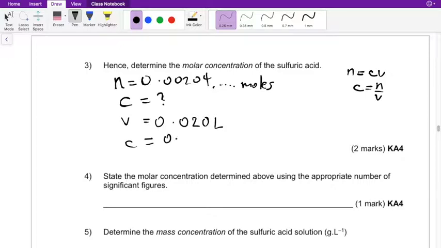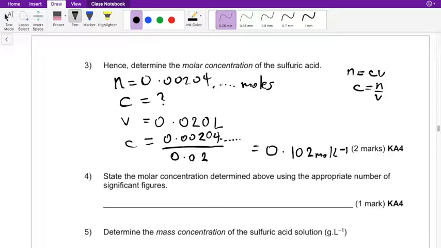You're going to have that 0.00204, and that's a carrying number, divided by 0.02, and that's going to be equal to, put that in a calculator, 0.102 moles per litre.